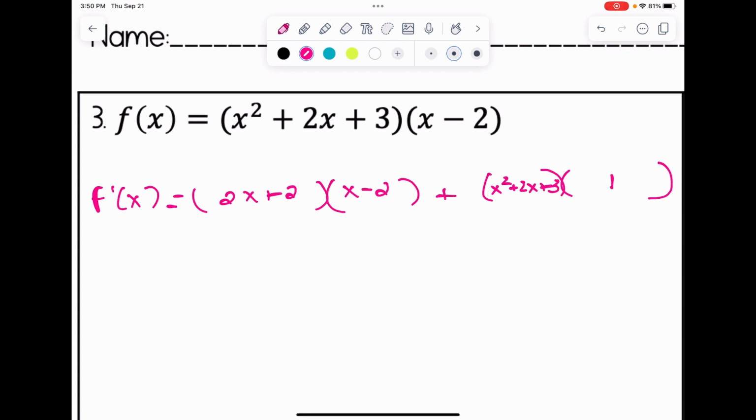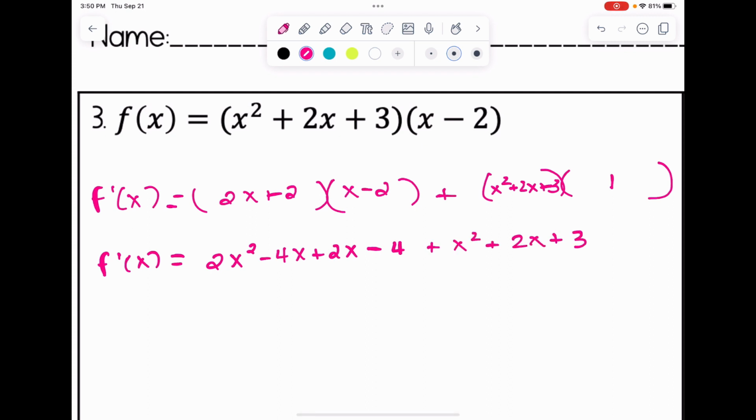All right, now since I have all polynomial terms here, I am going to simplify this and multiply and distribute where I can. So over here, I have 2x plus 2 times x minus 2. I can distribute those binomials against one another, or I could think about it as FOIL. Over here, I'm multiplying this by itself, by 1, so I'm just going to get back itself.